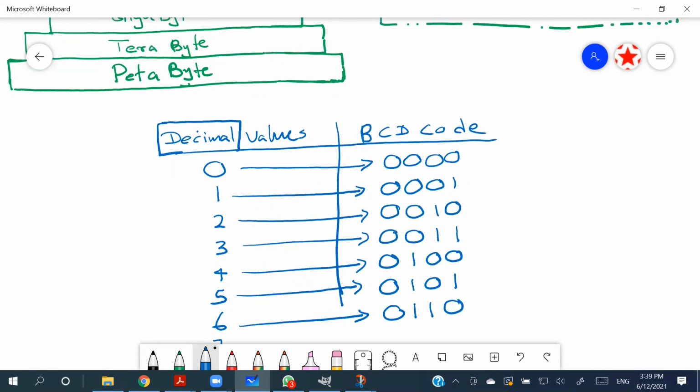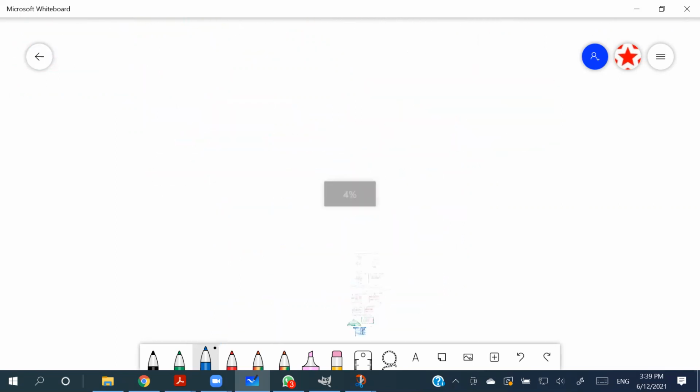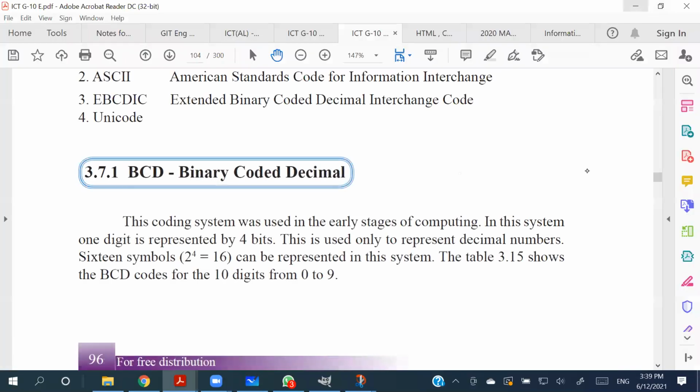What's happened here? Did I come to the end of the line? I don't think so. Dolabudala, just a second. My whiteboard is a little bit stuck for the moment. Yeah, Tesandu, 7 is 0111. Yes.